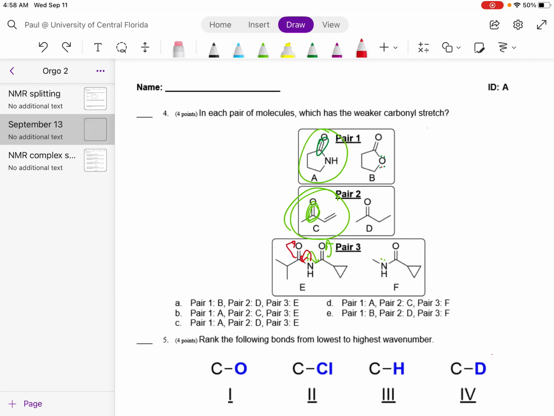So this species right here is always going to have more double bond character because you have 2 of them. Whereas F, all of the electron density on that lone pair is going to resonate in. So that means this carbonyl stretch is going to be weaker, or that signal is going to be weaker because there's only 1 carbonyl. So 4 would have to be answer D.